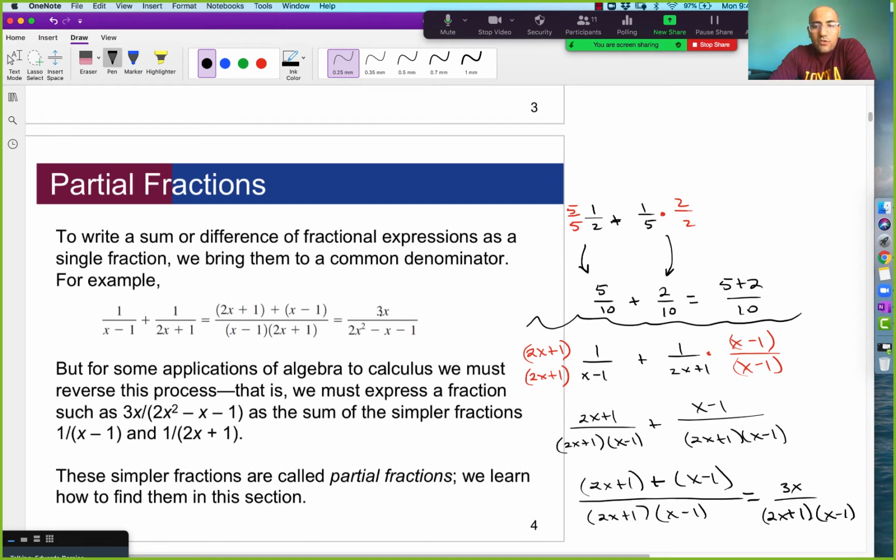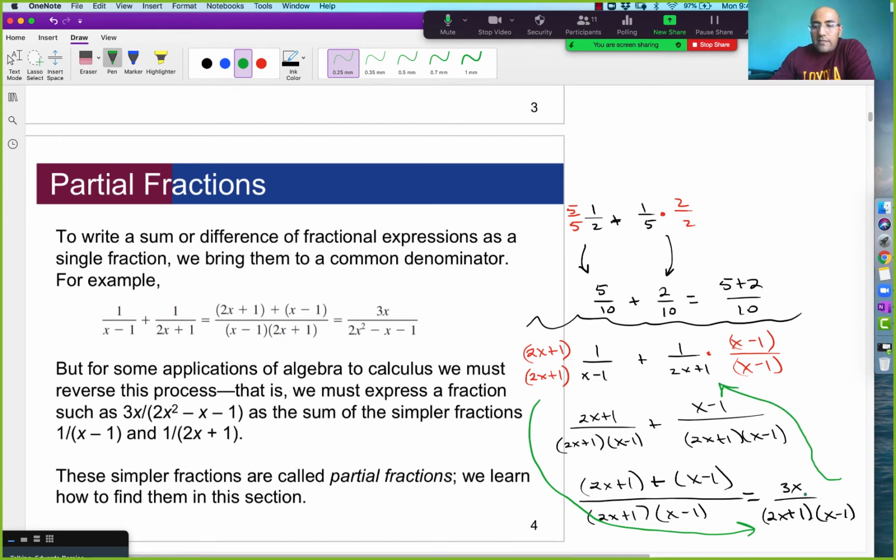Okay, so what are we going to do? We are, in this section, interested in going backwards. Just about any time you learn a process in math in one direction, inevitably, at some point, someone will ask you to undo it and go backwards, and that's what we're going to do here. So we've learned how to go from this statement down to this statement. So now we want to go backwards and start here and end up over there.